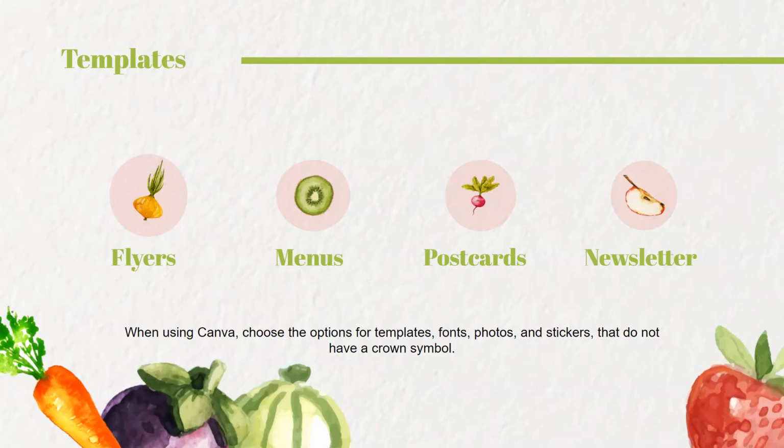There are quite a few templates that you can use, and feel free to change the colors of them, the fonts, adding your own photos, stickers. But to be on the safe side when using Canva, use the free options. The easiest way to see that is using the templates and options that do not have a little crown symbol, which I'll go over with you guys.